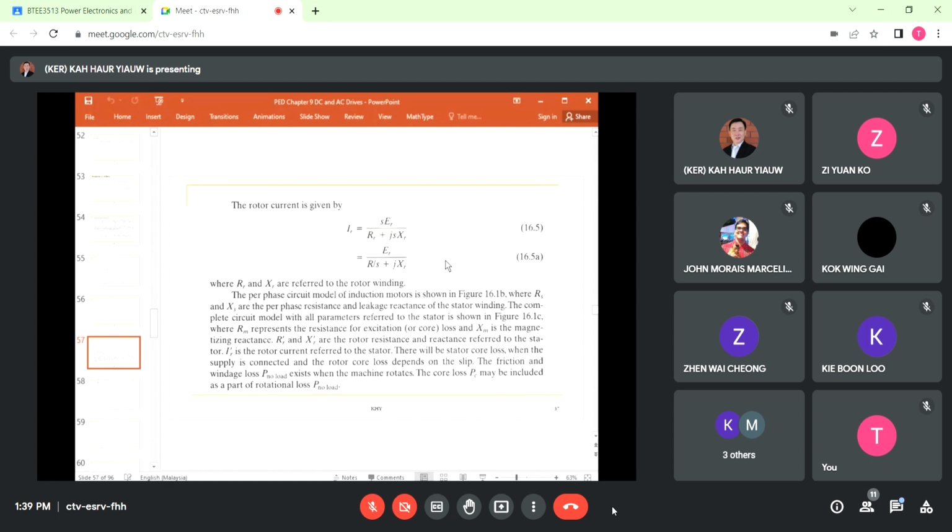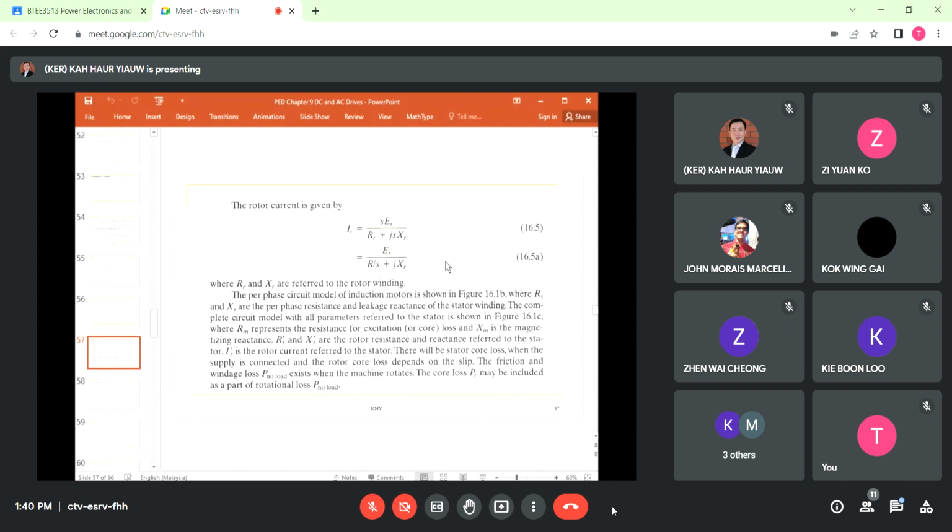The complete circuit model is shown in figure 16.1c, where Rm represents the resistance for excitation loss and Xm is the magnetizing reactance. Rr prime and Xr prime are the rotor resistance and reactance referred to the stator. Ir prime is the rotor current referred to the stator.